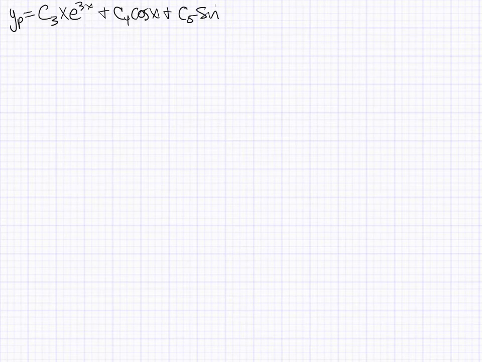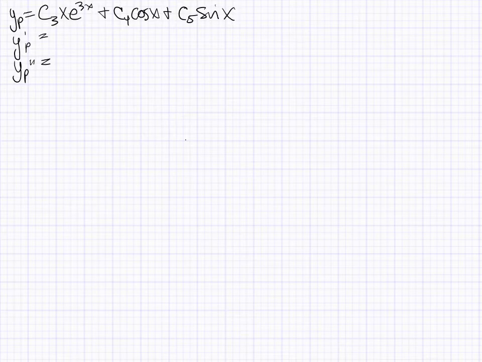All right, so our y sub p, we said, has the form of c3 x e to the 3x plus c4 cosine x plus c5 sine x. And so we're going to need to find the derivative and the second derivative of y sub p, so we can plug it into the original differential equation to get the values of c3, c4, and c5.